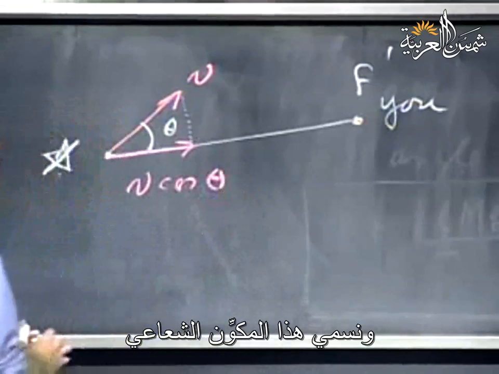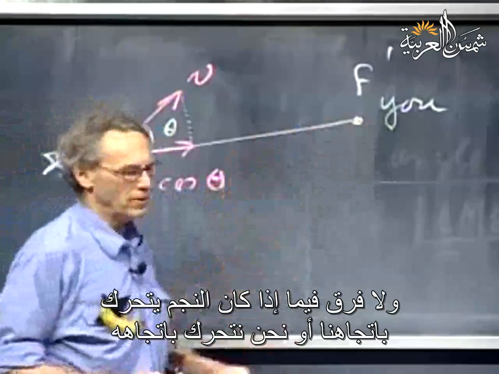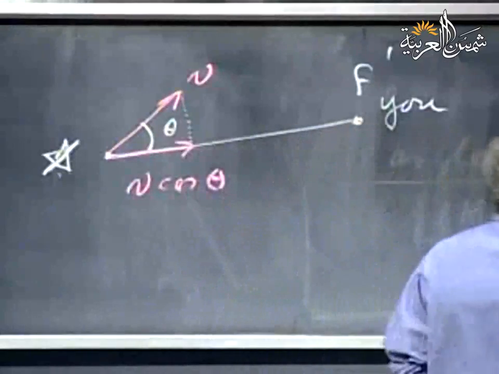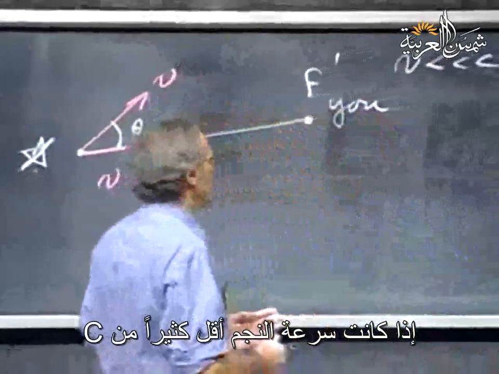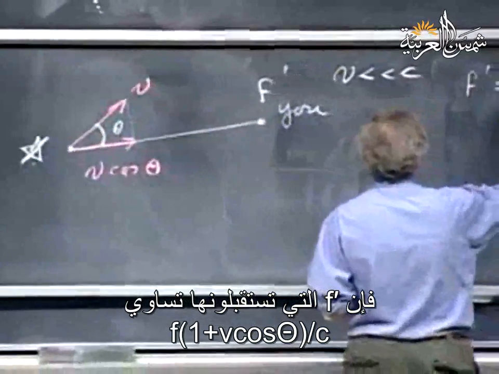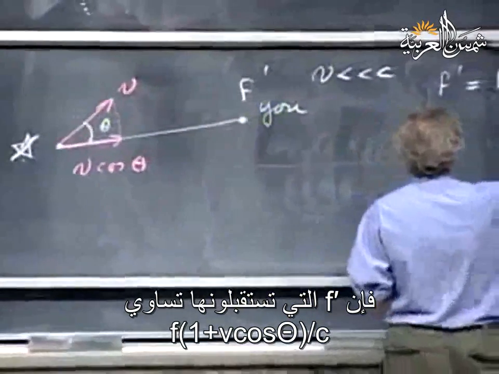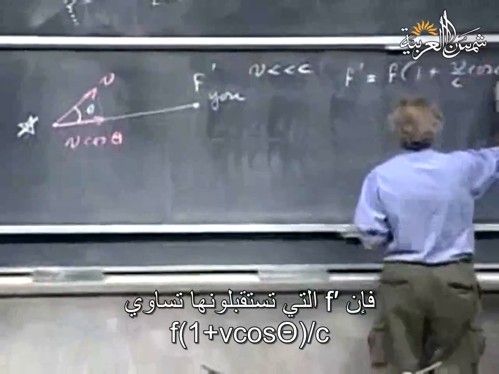We call that the radial component. And whether the star is moving to us or we to the star makes no difference. If the velocity of the star is much, much smaller than c, then f prime, the one that you will receive, equals f times 1 plus v over c times the cosine of theta. This equation is on your exam.